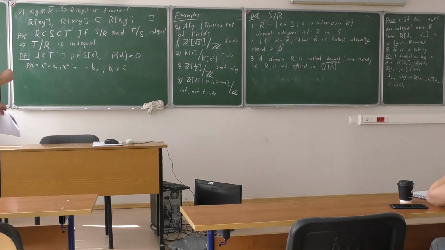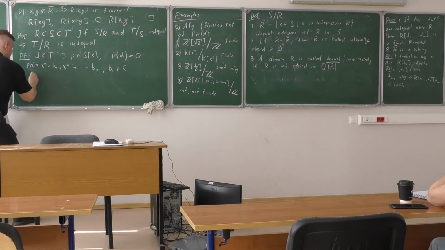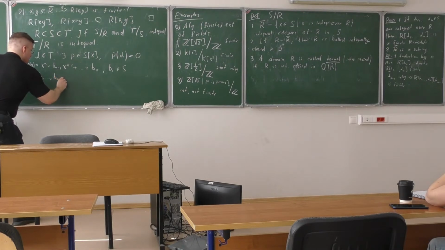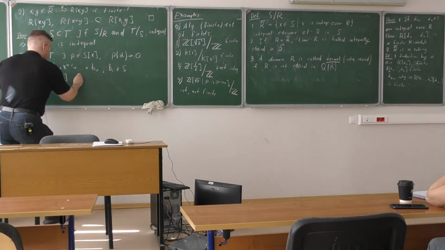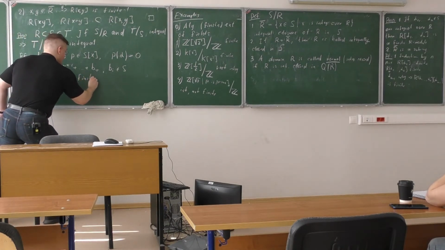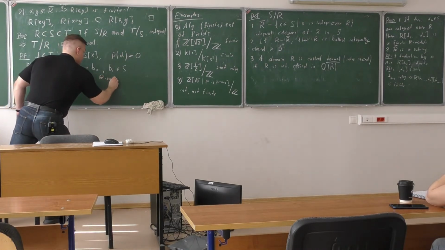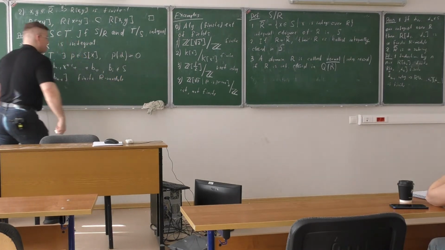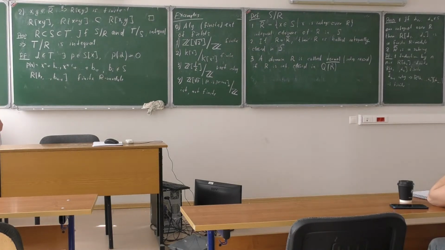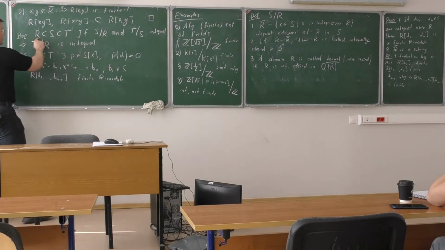Now I can use the previous proposition and say that R adjoined b1 up to bn minus 1 is a finite R module, right? These elements bi in S over R are integral.